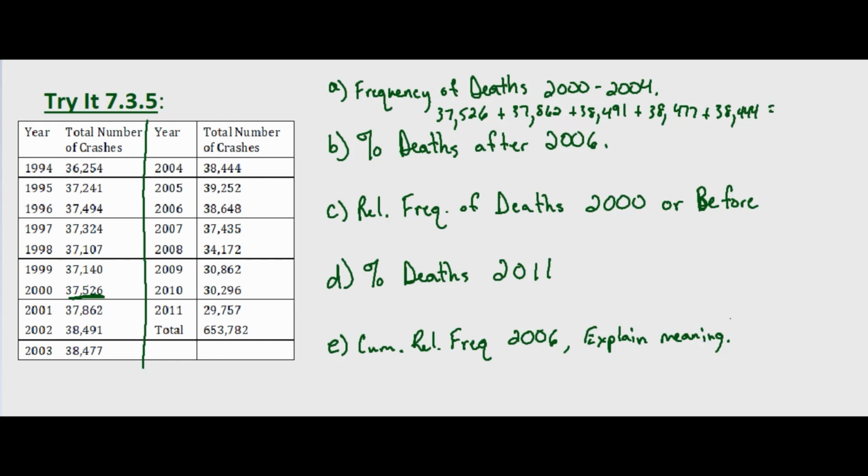When we find that sum, we get 190,800. So that's the frequency of deaths from 2000 to 2004.